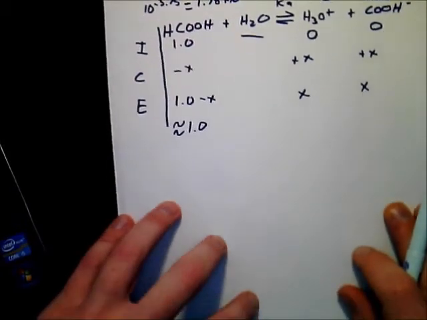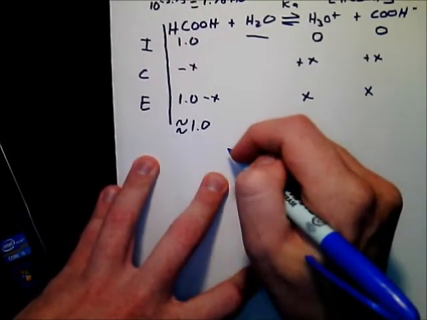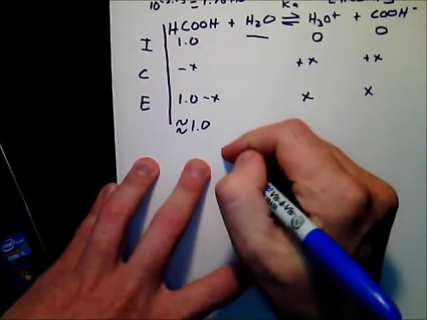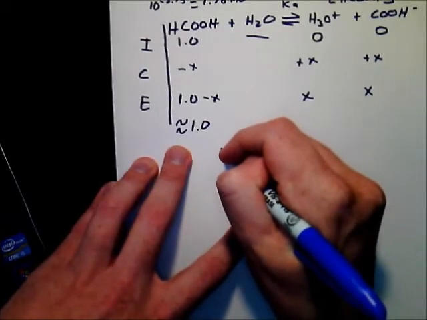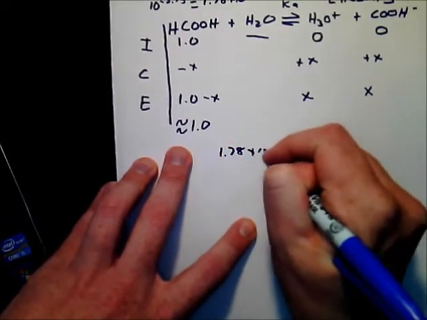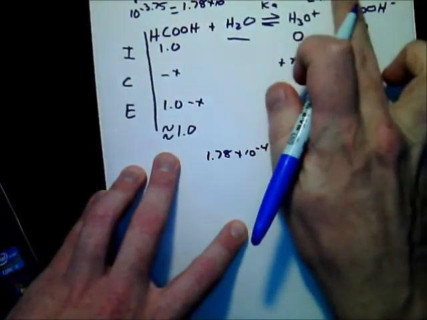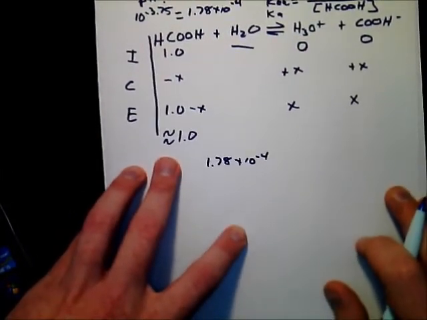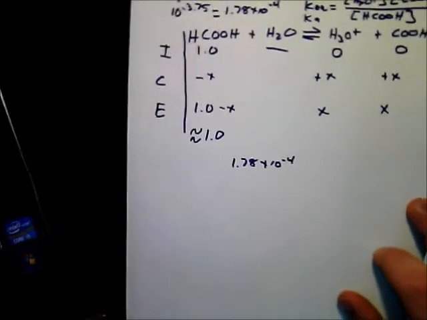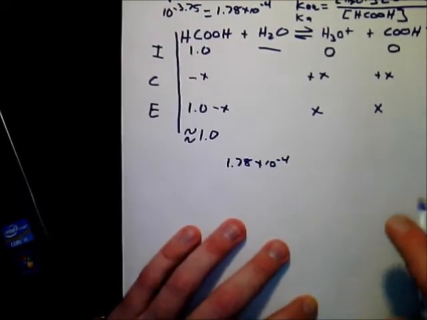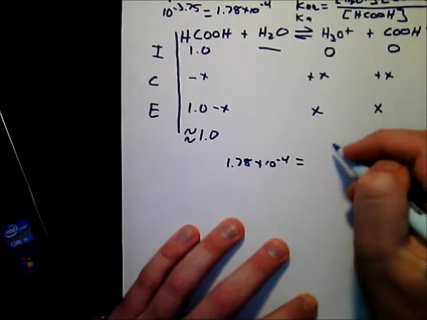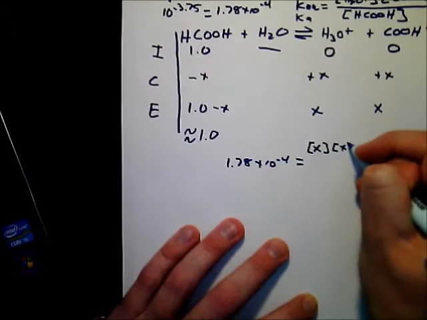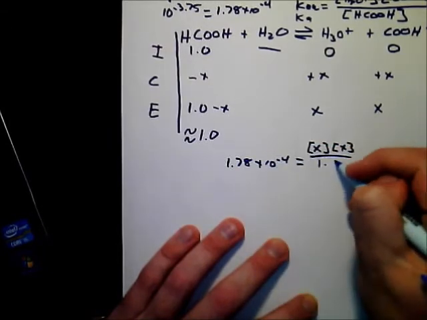So, again, this is just an equilibrium problem like we've done a bunch of before. We're trying to find the concentration of H3O+, so we can find the pH. So, 1.78 times 10 to the negative 4. I'm just putting stuff in my equilibrium expression that I made up here. So 1.78 times 10 to the negative 4 equals x times x over 1.